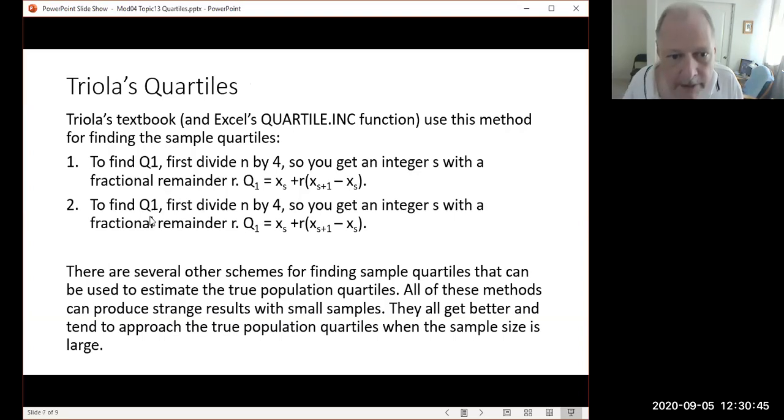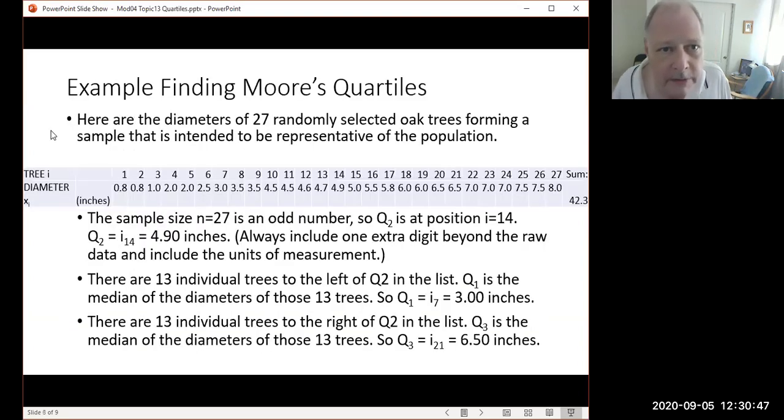And then let me go on and demonstrate this with an example, and I'll come back to Triola's method in just a second. So here's our 27 trees, the sample size, the little n, equals 27. That's an odd number.